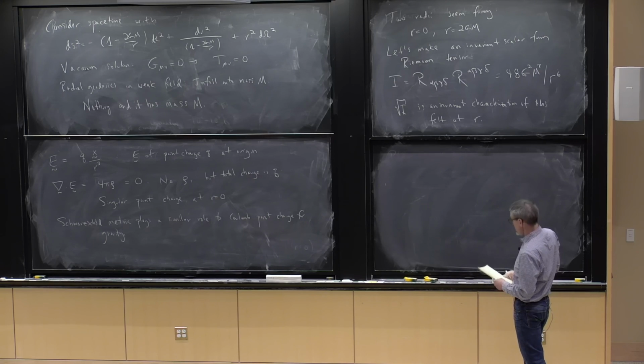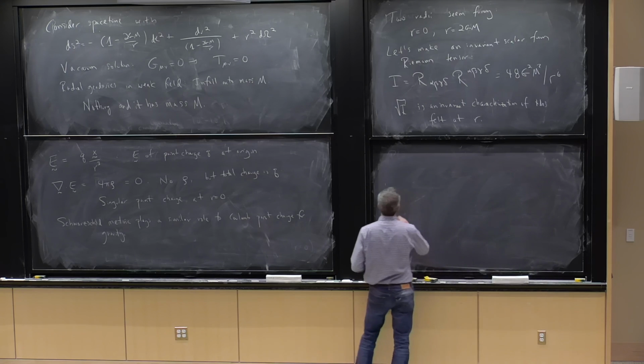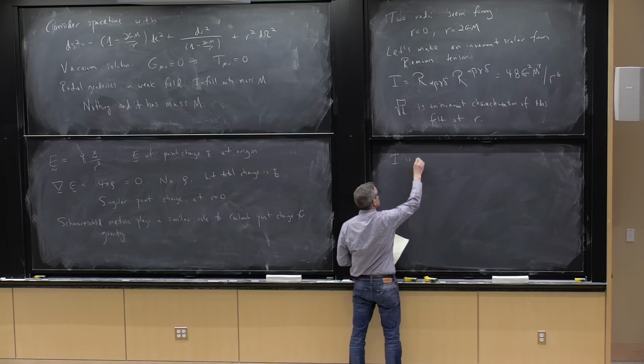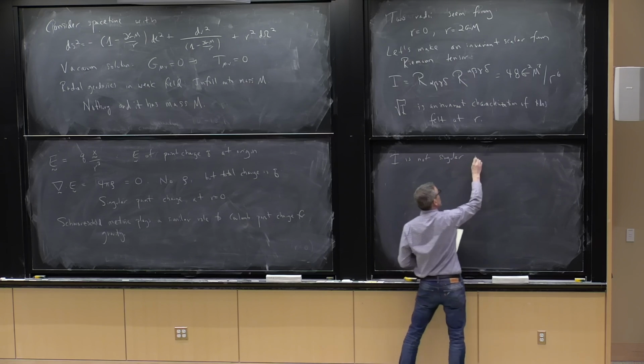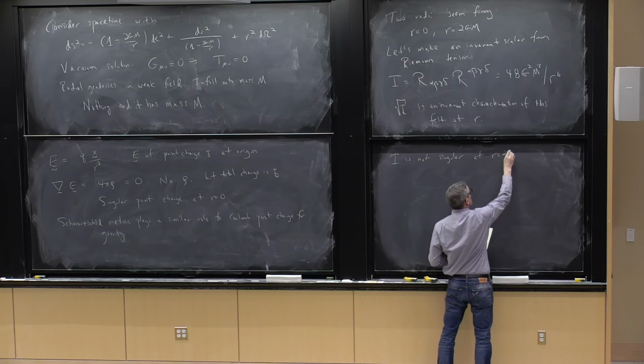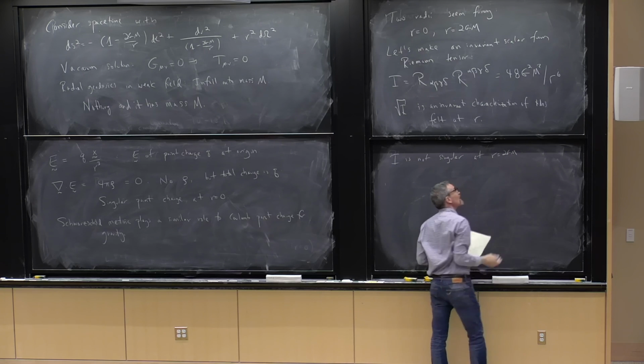So notice when we look at this, r equals 2GM: if you plug r equals 2GM in there, nothing special about it. Okay, it's a radius just like any other.